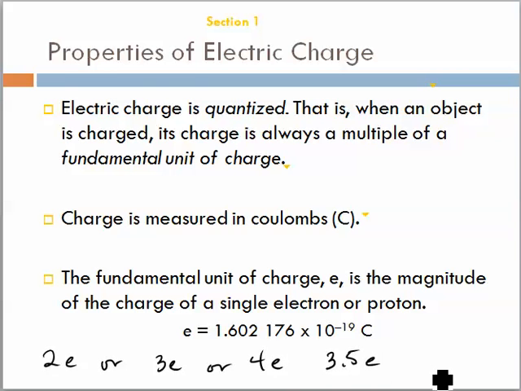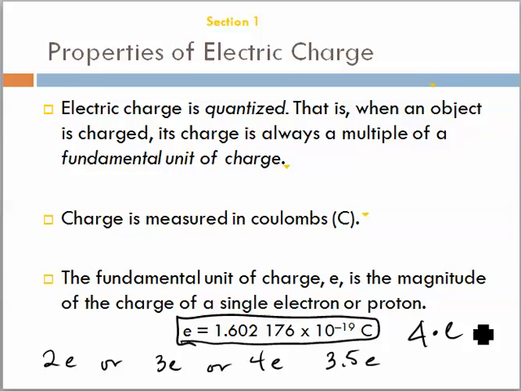So that's why charge is what we call quantized. You either have 3 electrons or 4 electrons, and each electron has this much charge to it. So if I had 4 electrons, it would be 4 times E, or approximately 6.4 times 10 to the negative 19th coulombs.